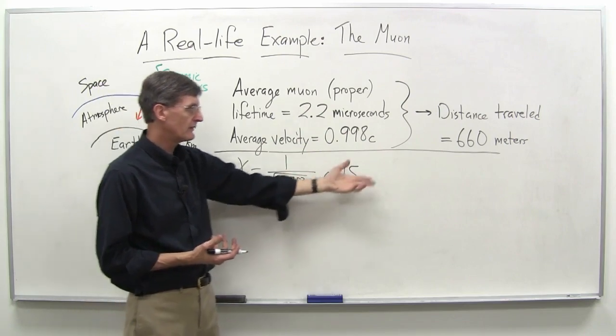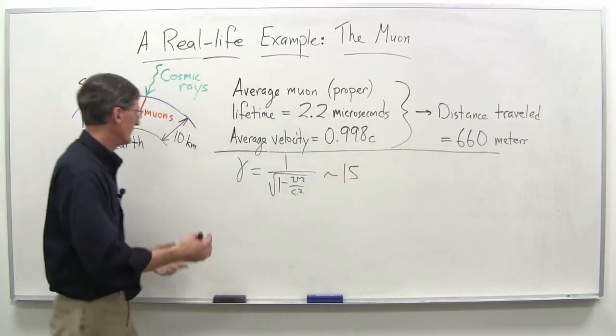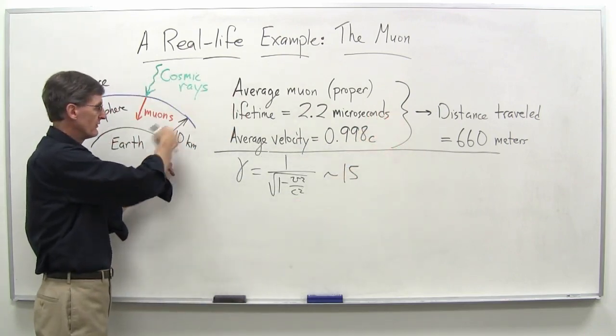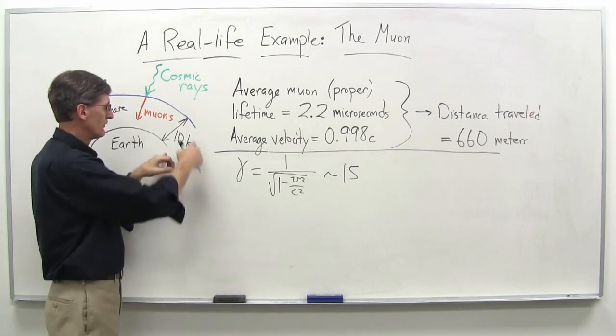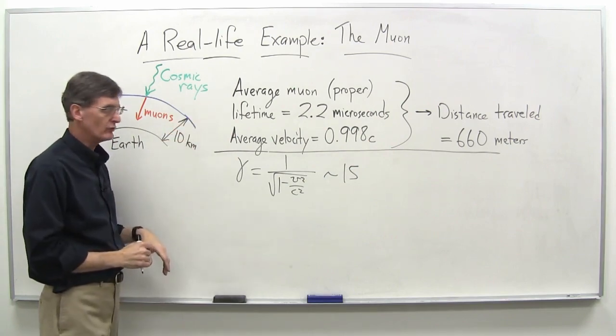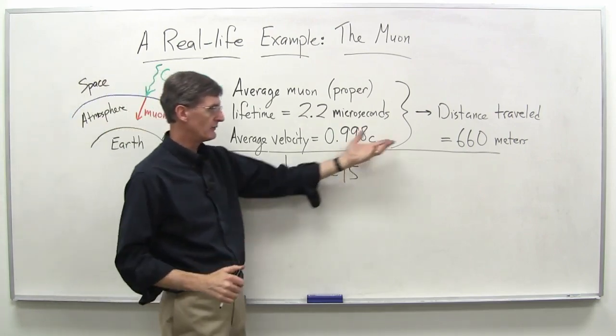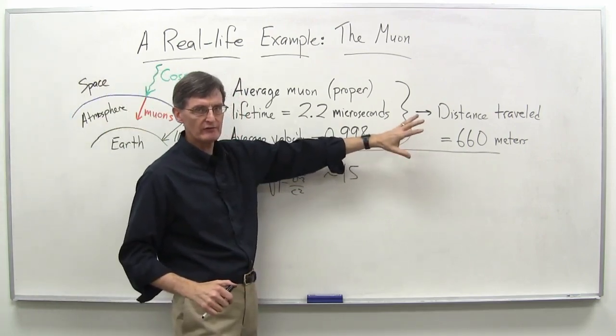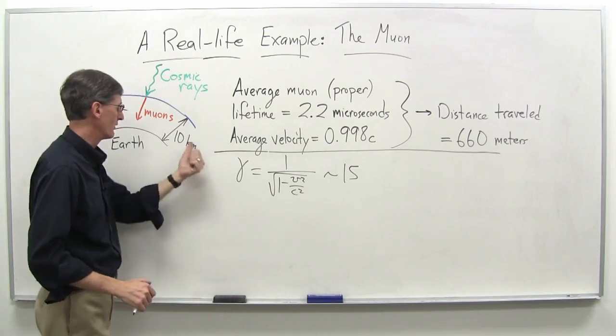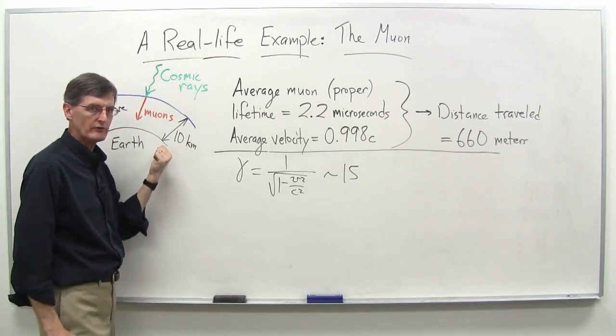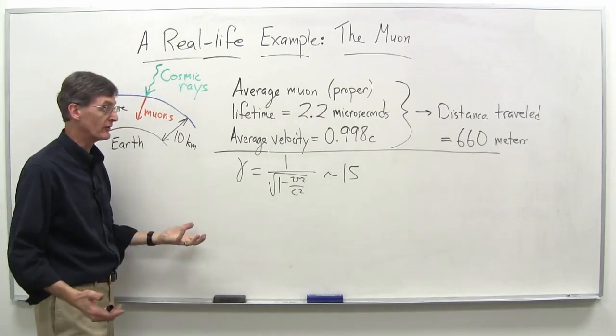And clearly, 15 times 660 meters gets you right around to 10,000 meters or so, and so we will see the muons at the surface of the Earth. So it makes sense then.